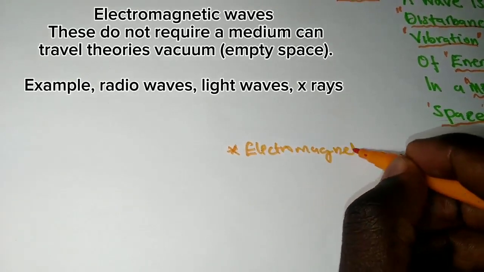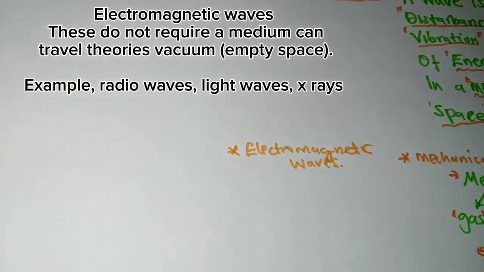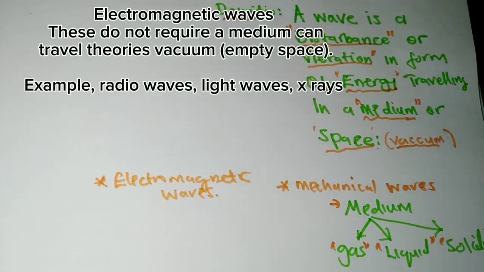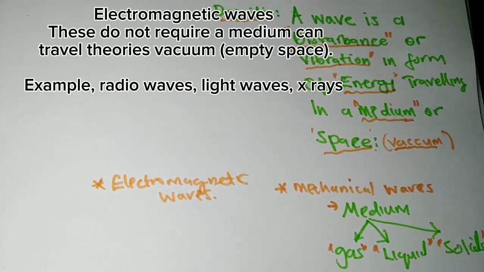electromagnetic waves. So there are two main types of waves: electromagnetic waves as well as mechanical waves. We said mechanical waves require a medium for them to be transmitted, and they carry with them energy that can be transferred by causing the particles to vibrate, and we'll get into that.